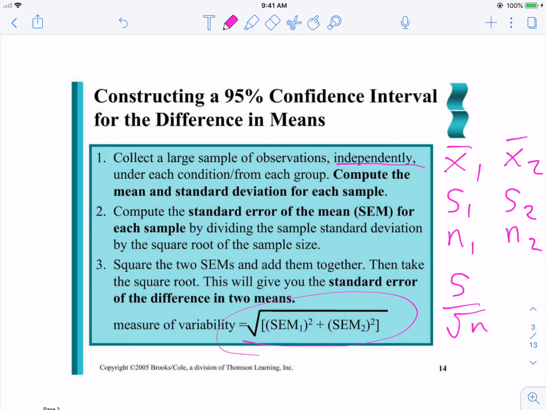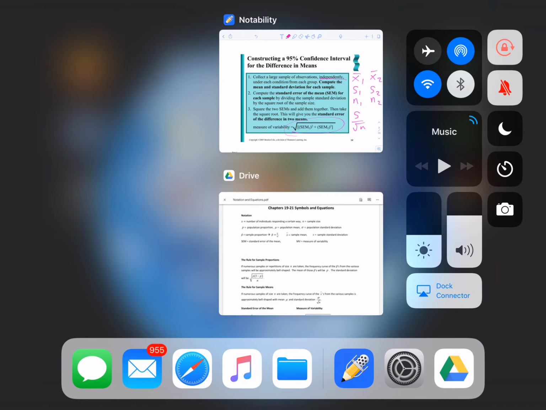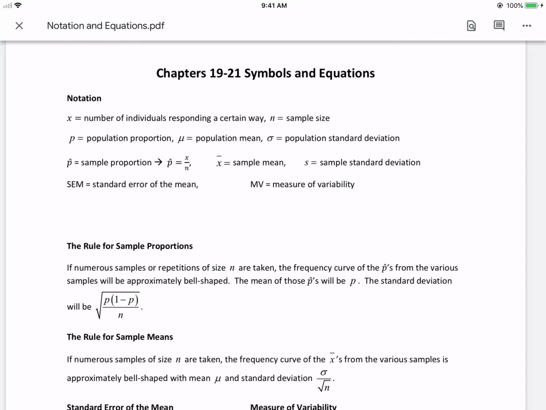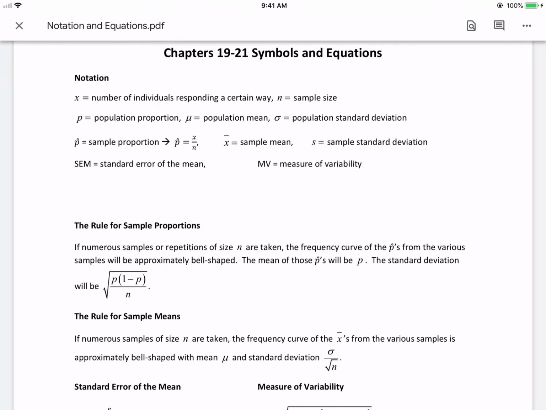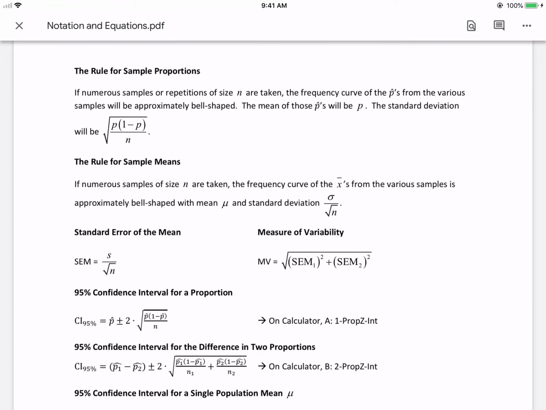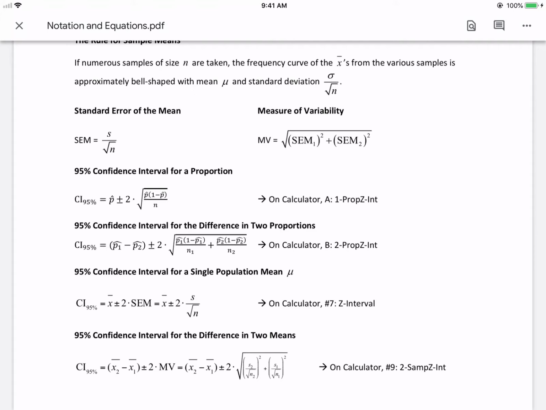All of this is in our equation sheet, which I have referred to but haven't shown you yet. It's linked at the top of every one of our daily lessons. This is our 19 to 21 equation sheet. You see some of the notation up there: the two rules, sample proportions, sample means, and then standard error of the mean and measure of variability.